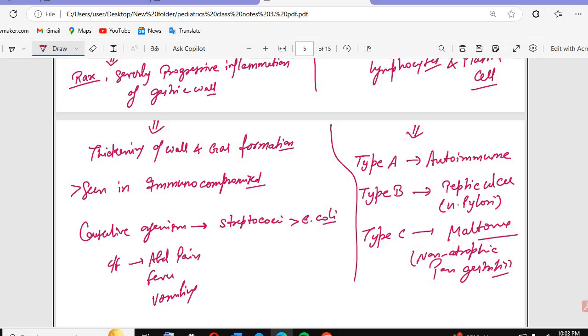Atrophy means reduction in the size and shape of the gastric mucosa. That we are going to see in the autoimmune type A condition and the type B condition. So the main thing you have to remember is that Helicobacter pylori will cause chronic superficial gastritis. Along with that, they will cause peptic ulcer, they can cause adenocarcinoma, and they can also cause maltoma as well.